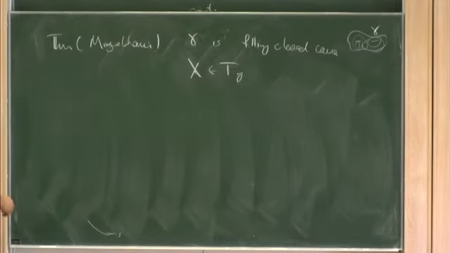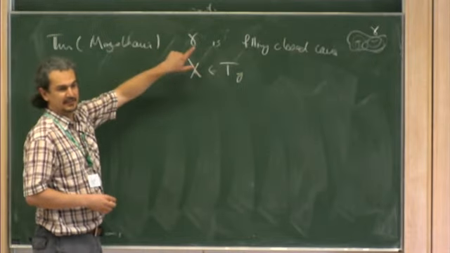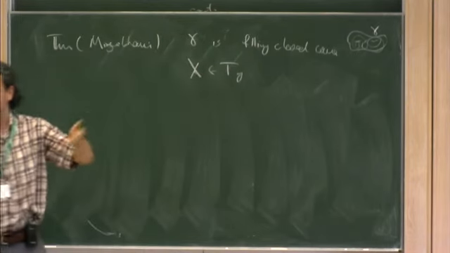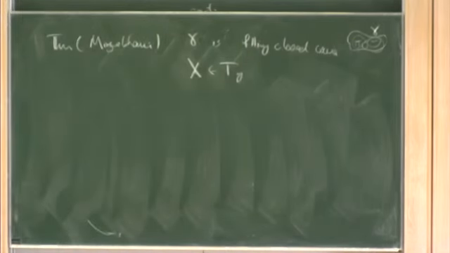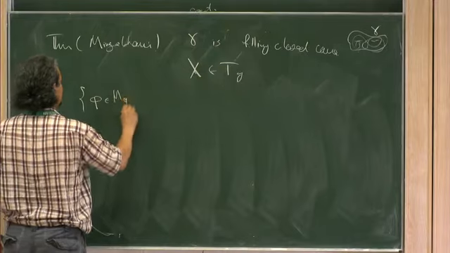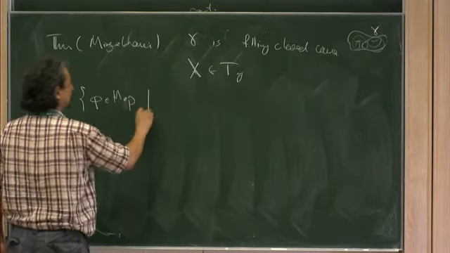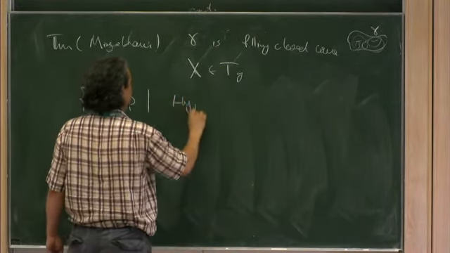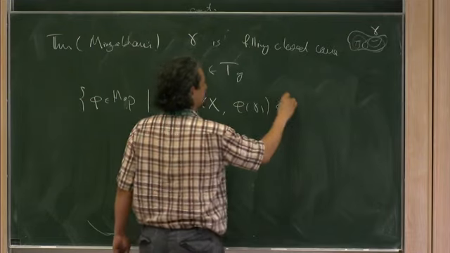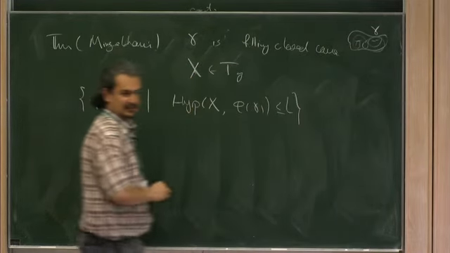And then you want to find out how many different curves of this type there are of length less than a given constant L, right? So you want to find the number of elements phi in the mapping class group such that the hyperbolic length in X of phi of gamma is less than or equal to L. Right?